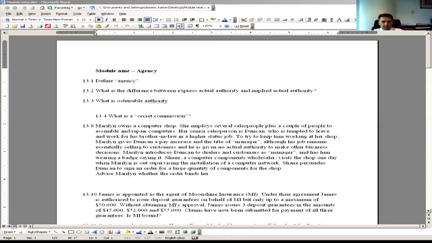So what's the difference then between express actual authority and implied actual authority? So we're talking about authority. We're talking about what's the realm, what's the scope, or as the High Court of Australia described it, what are the four corners?